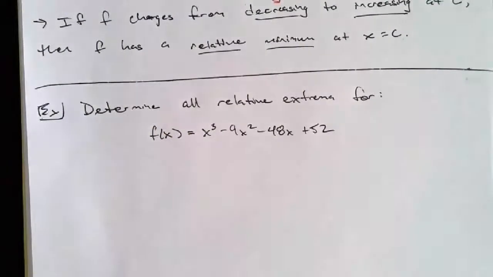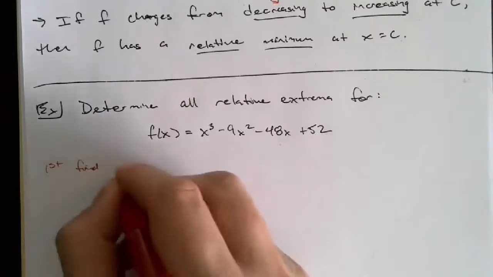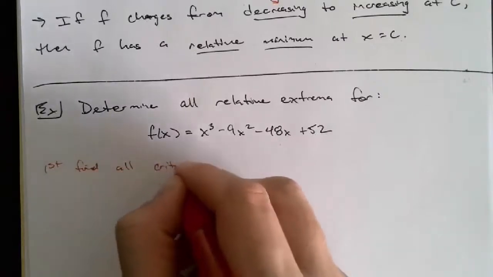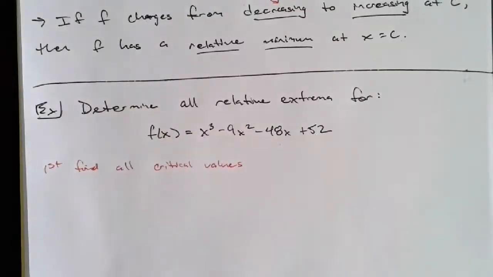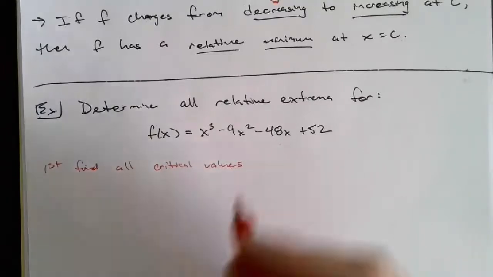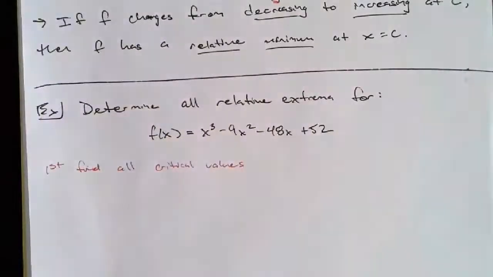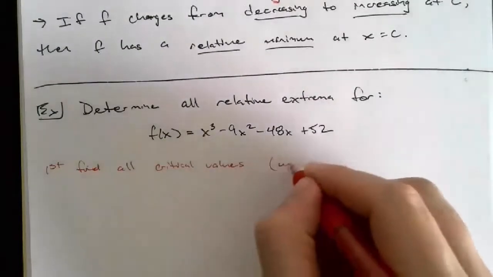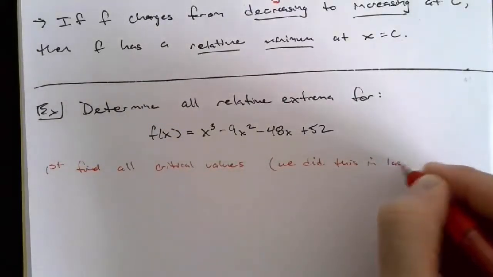So if I'm trying to find all the relative extrema, the first step is, right, first find all critical values. Remember, the critical values occur when f prime of x equals 0, or when f prime of x is undefined, does not exist, and in the last example, we did this. So I'm not going to redo all that work, but normally this would be your first step, find the critical values. So we did this in the last example.